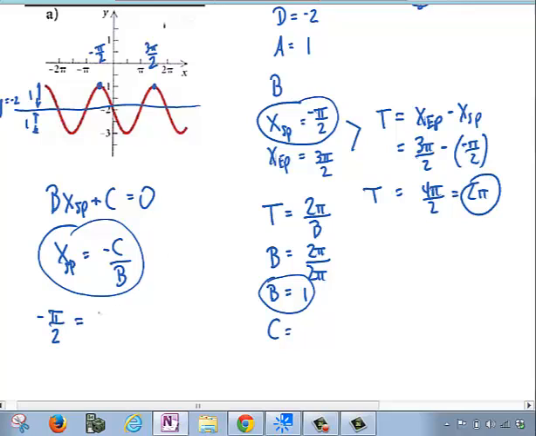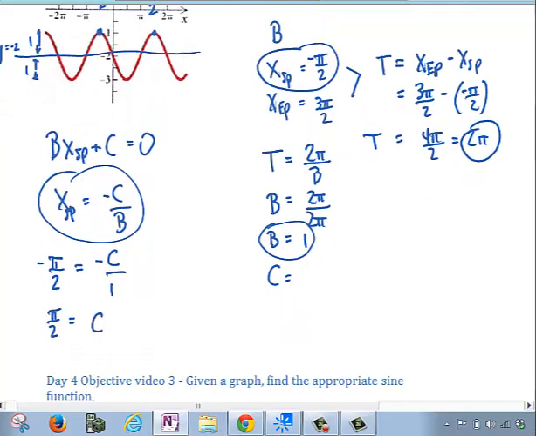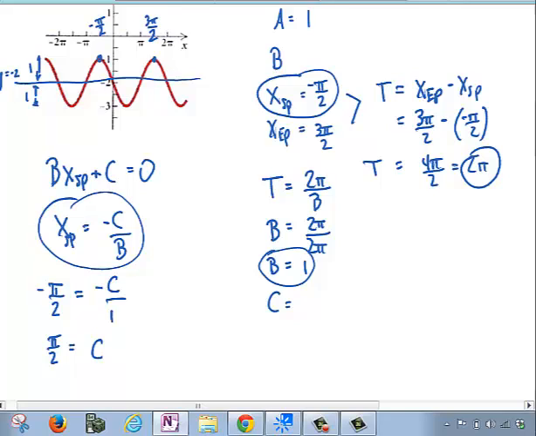My c value, I don't know, so I'm going to write negative c. My b value was 1. Cross multiplying the 1 over and dividing by negative gives me a c value equal to pi over 2. So I have all the elements I need to fill in the blanks. Remember, c is pi over 2.